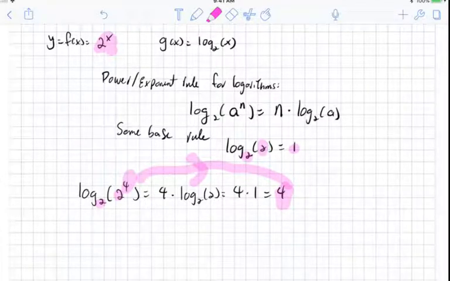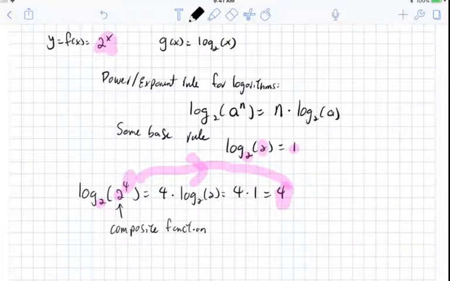And the really fun thing about this is that you might recognize that this is a composite function, where I've taken the g of x function and I've put the f of x function inside of it.